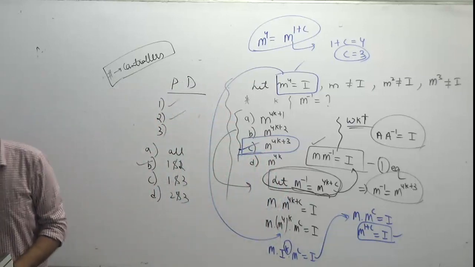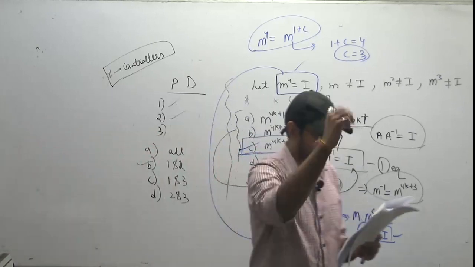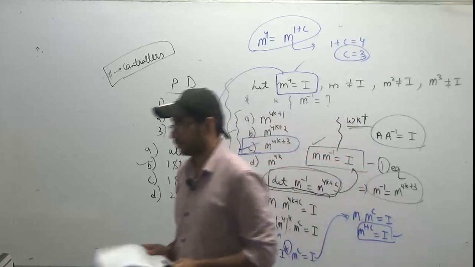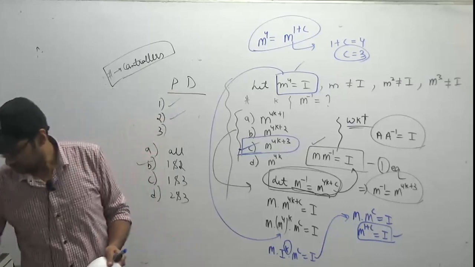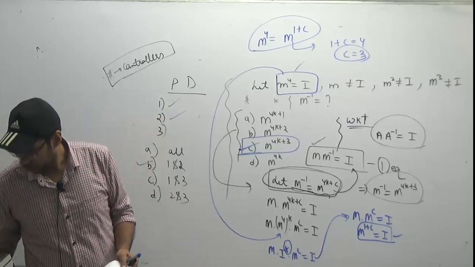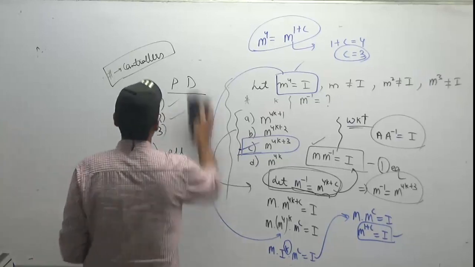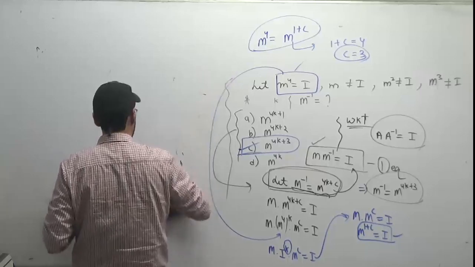Now, starting with the next question, that is question number 6. Question number 6 is from process dynamics and control. We have studied this thing now. They are asking, Bode stability criteria is applicable when?